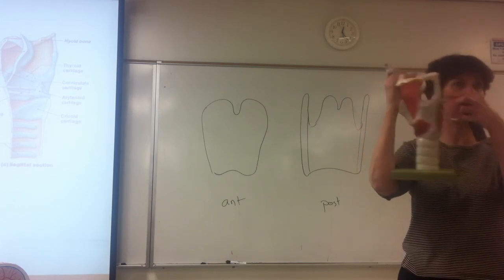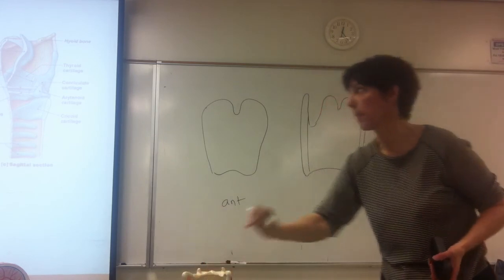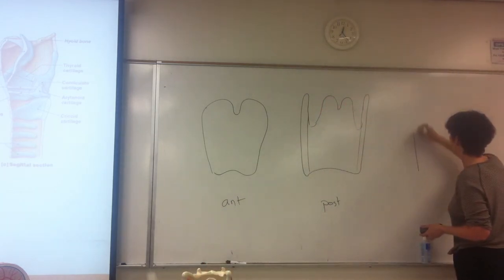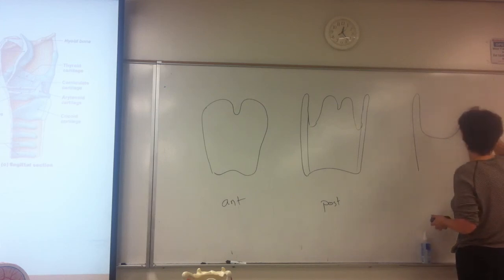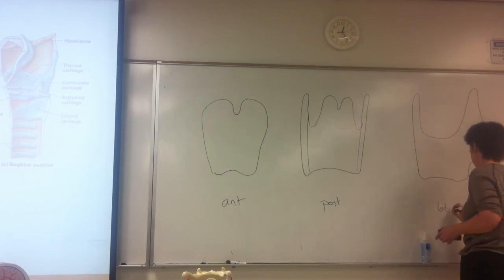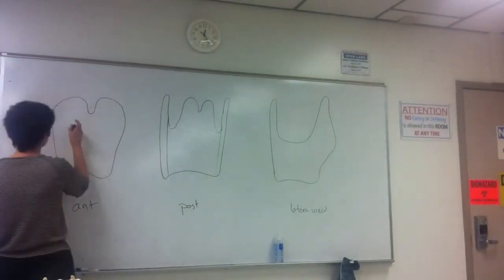Here are the two horns, and it's open posteriorly. And then from the lateral view, okay, so that's the thyroid cartilage.